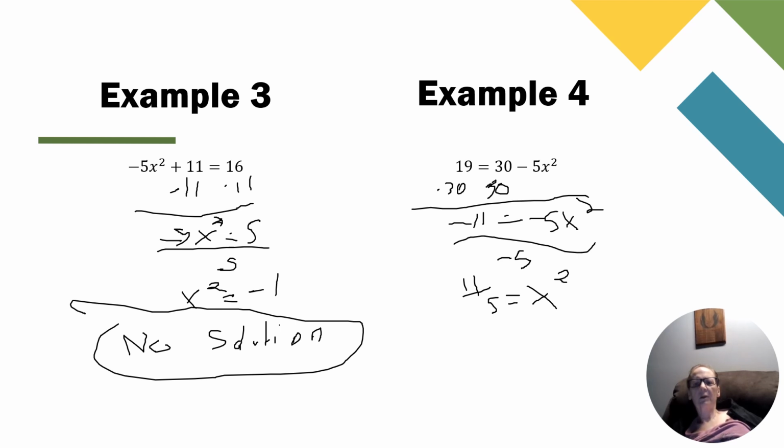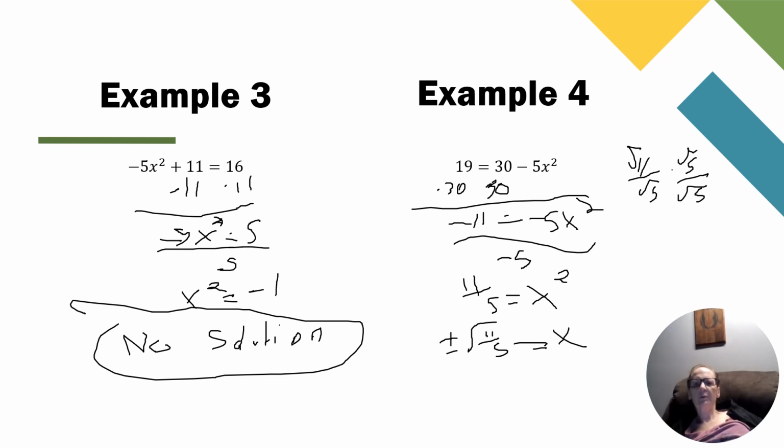Now we'll take the square root of both sides. We get plus or minus the square root of 11 over 5. I can't leave my answer with a square root in the denominator, so I'm going to multiply the square root of 11 over the square root of 5 times the square root of 5 over the square root of 5.